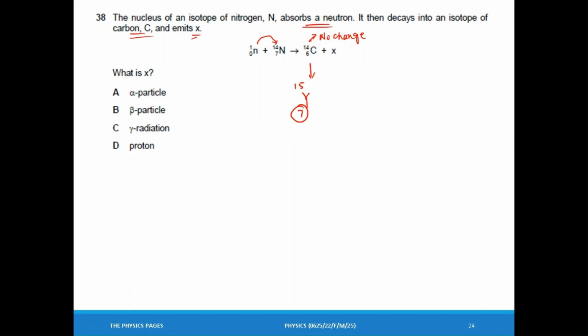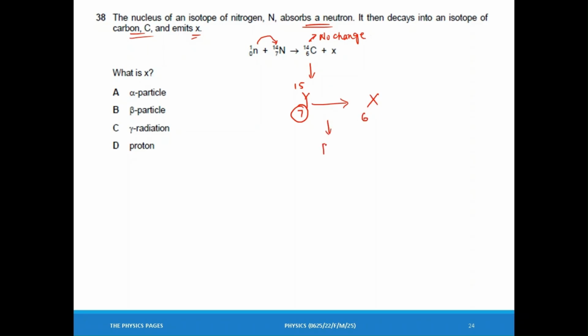So this bombarded neutron actually extracted another particle, which you can say is a proton being emitted. When a proton is emitted, the atomic number will decrease to 6.